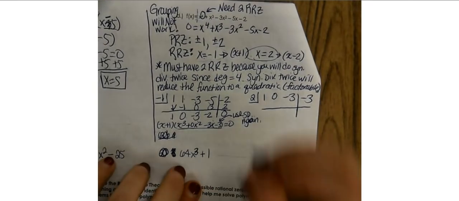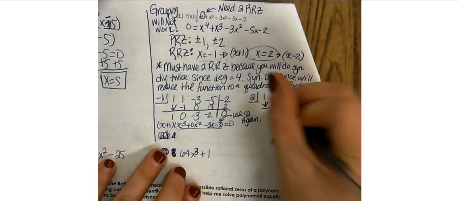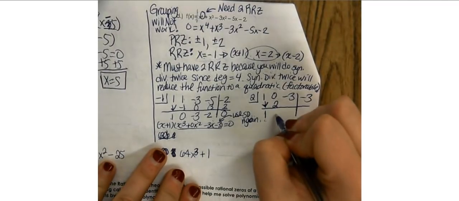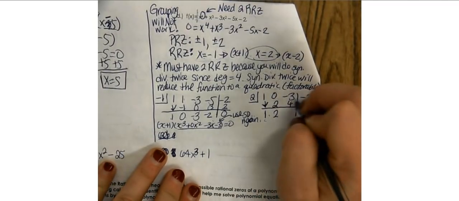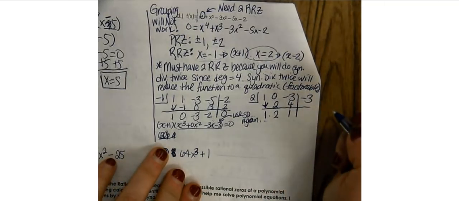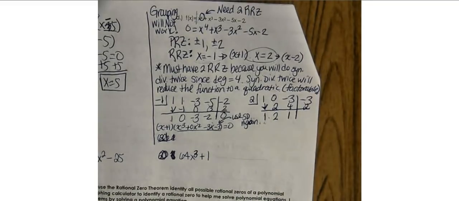All right, bringing this down. Bringing down the 1, 2 times 1 is 2. 0 plus 2 is 2. 2 times 2 is 4. Negative 3 plus 4 is 1. 2 times 1 is 2. Hold on, oh, I forgot the minus 2.